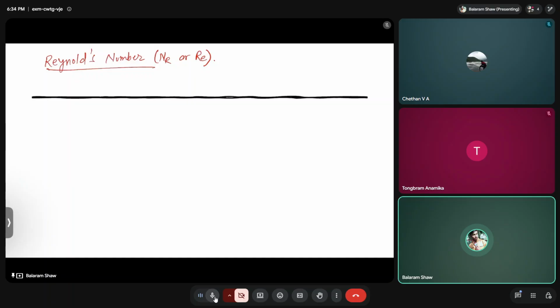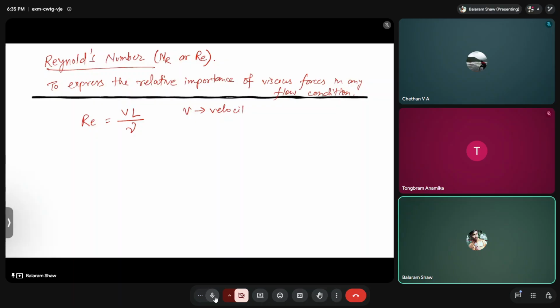Mathematically we can write the Reynolds number as VL by nu. Here V is the velocity of the fluid. Then what is L? L is the characteristic length. What is characteristic length?